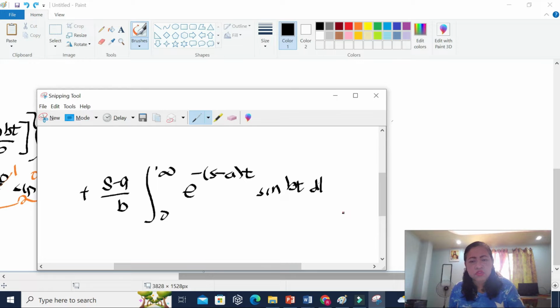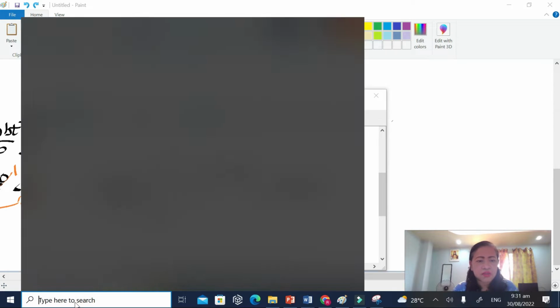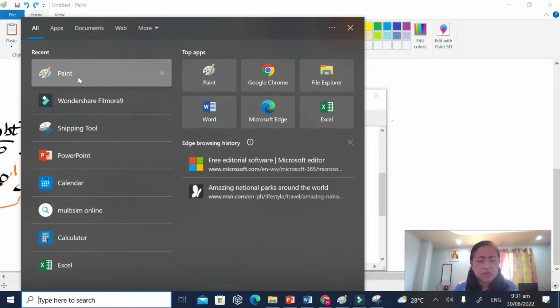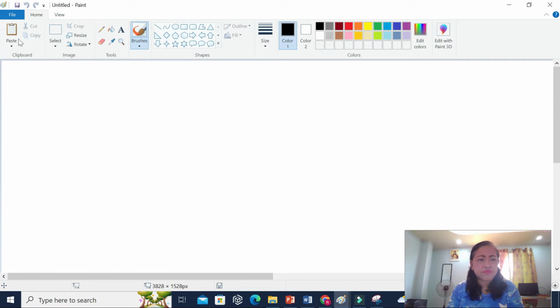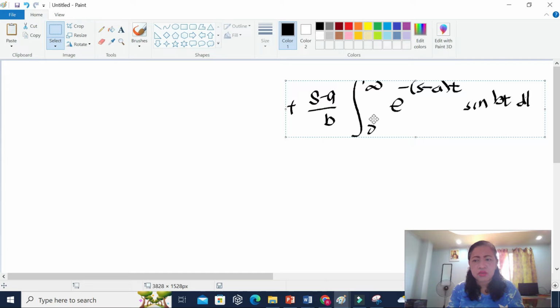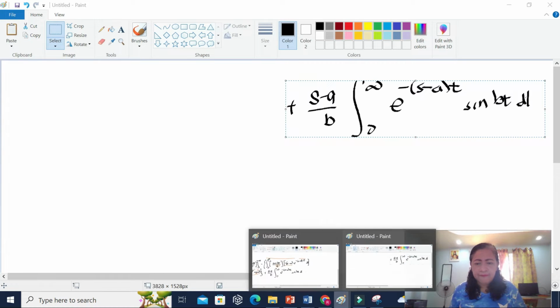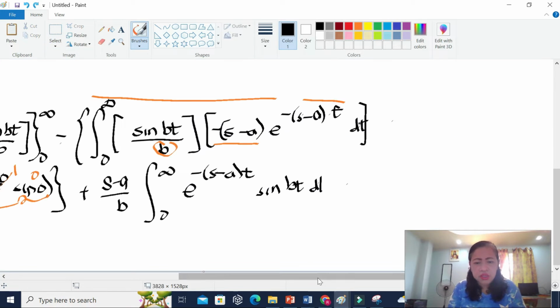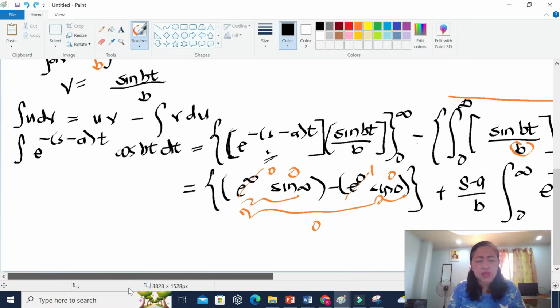Okay, Control C. Let us have another paint. So, paint tayo. So, paste natin to. Okay, gawin natin doon. Okay, then we have the other one. The other side. No, ito 0 na.